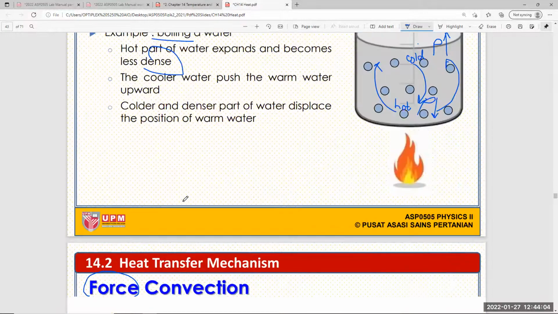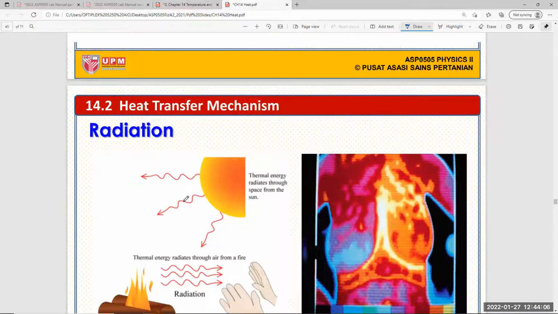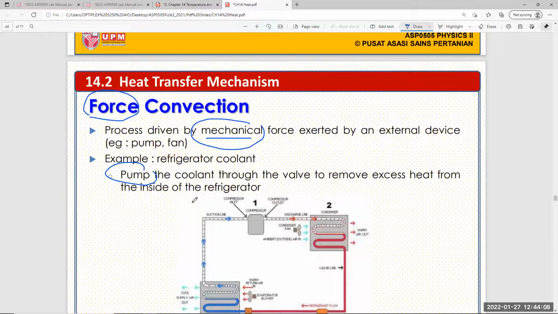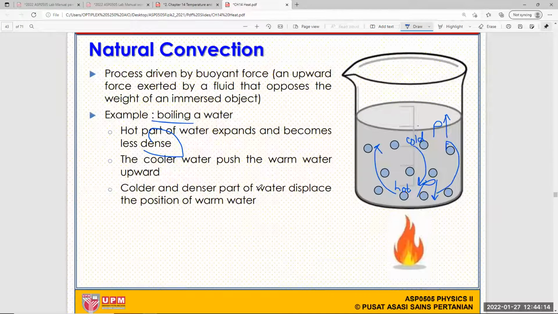One more thing, you may notice another kind of natural convection, like at the beach.